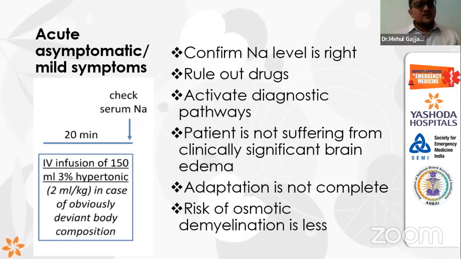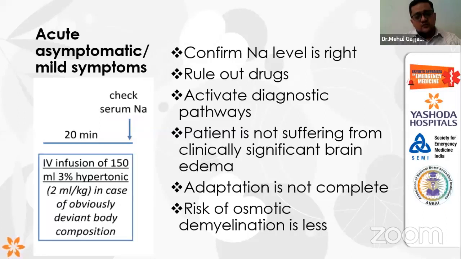Both American and European guidelines insist that if there is an acutely developed severe hyponatremia, with serum sodium level less than 120, and the patient is asymptomatic, but it has developed within say 48 hours, you have to correct the hyponatremia.